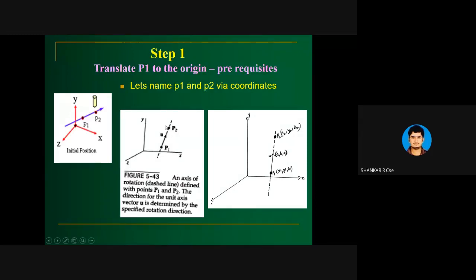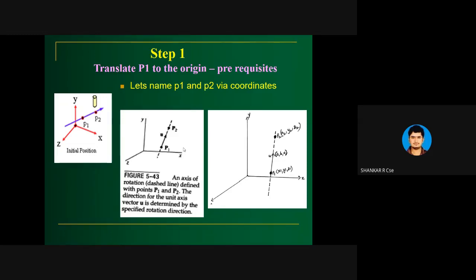Now here comes, what do you mean by vector? Now this arbitrary axis, you can see we have p1 p2, and let me call that a vector. And somewhere here you will have an object, a teapot or any object which needs to be rotated. Now let me consider that arbitrary axis which is in space as a vector.